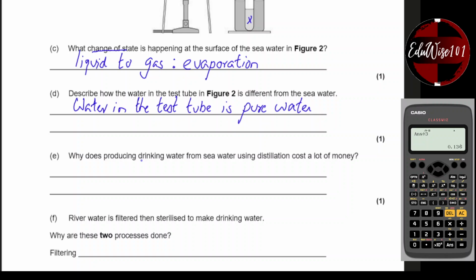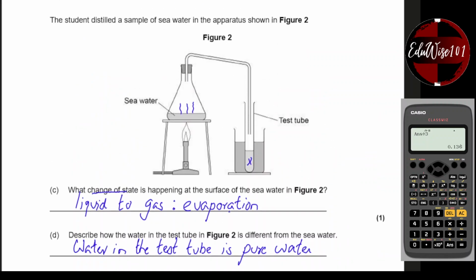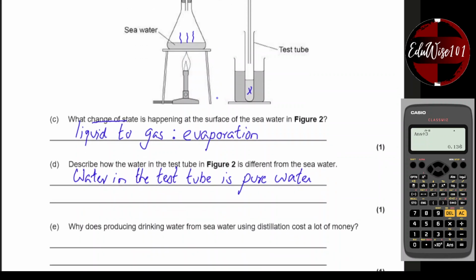Why does producing drinking water from seawater using distillation cost a lot of money? This is one way of producing drinking water from seawater. In a lot of countries where there's no fresh water, they will have to distill water to get drinking water. So why is it going to cost a lot of money?